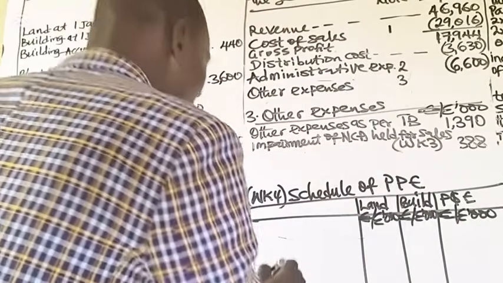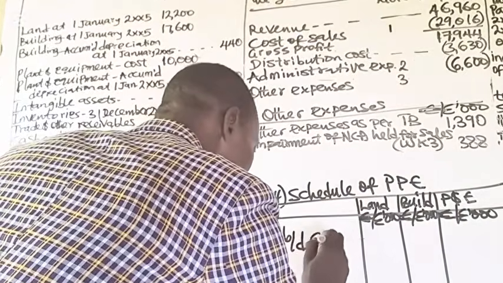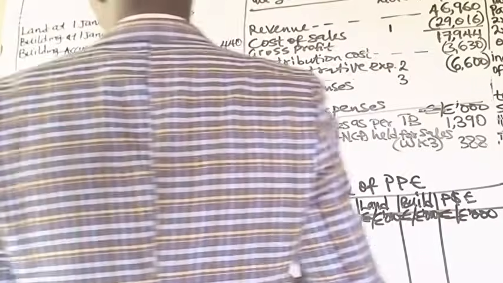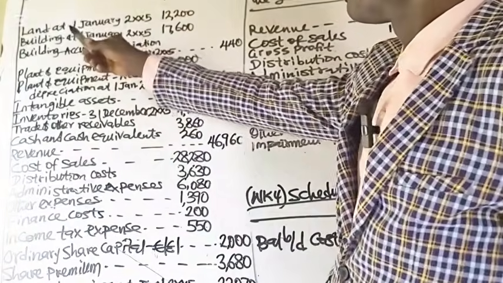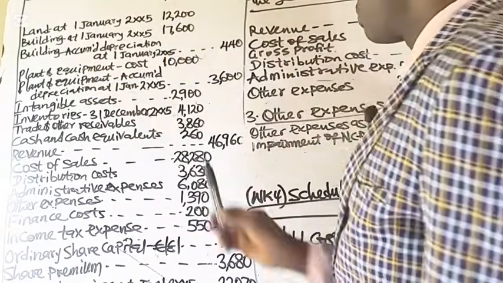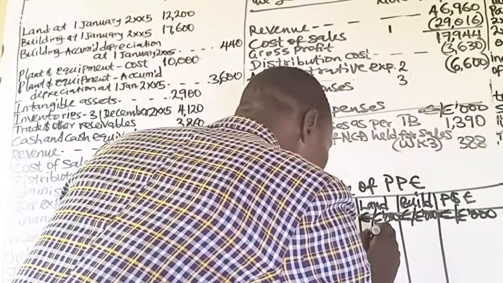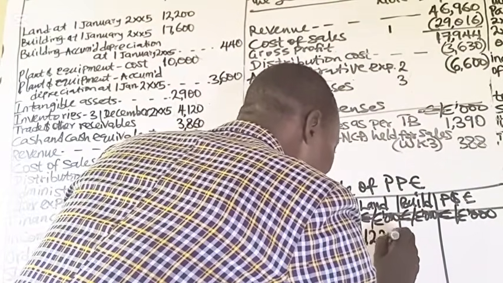So, the first thing is the opening balance, which is at cost. So we have land, 12,200. That is the cost of the land.